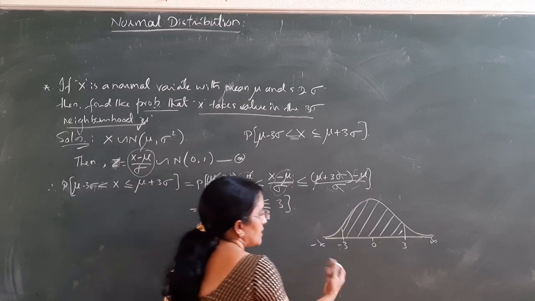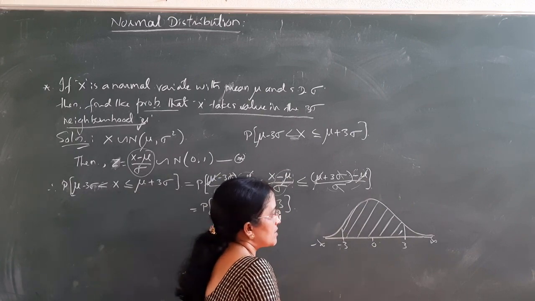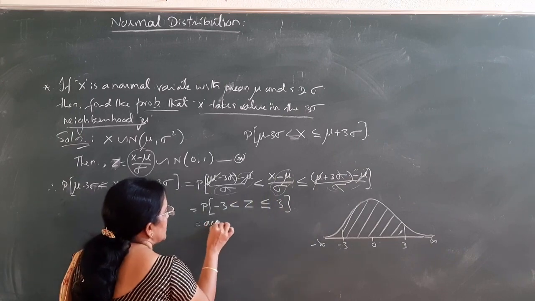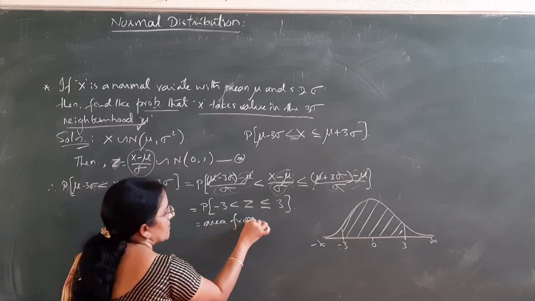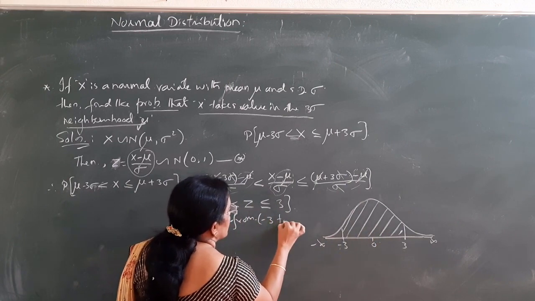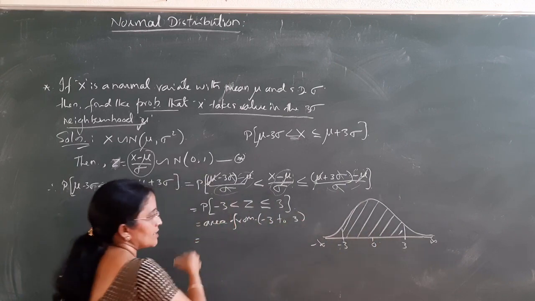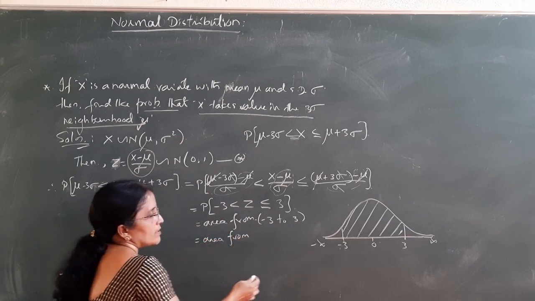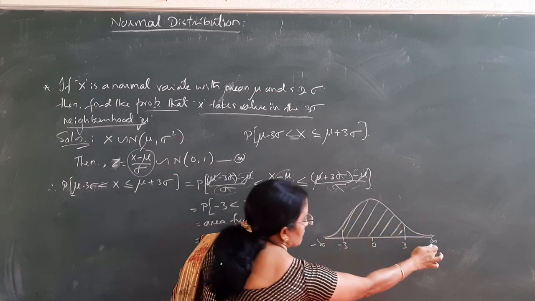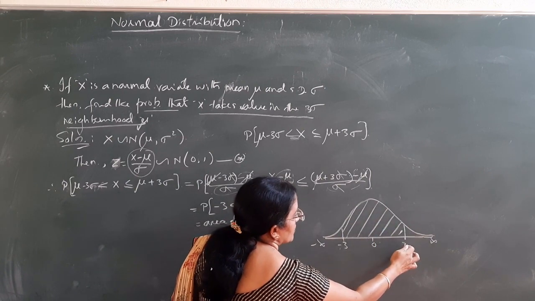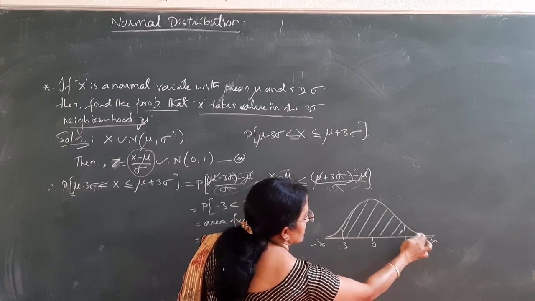Next, with the help of the table we must find this. So here we require to find the area from minus 3 to 3, which is equal to the area from minus 3 to infinity, this whole region, minus the area from 3 to infinity, this region.